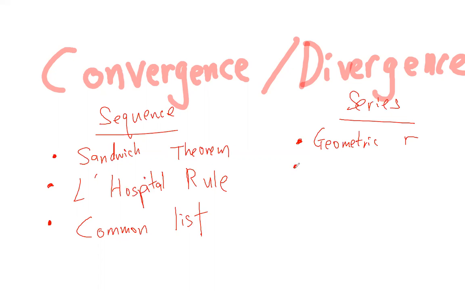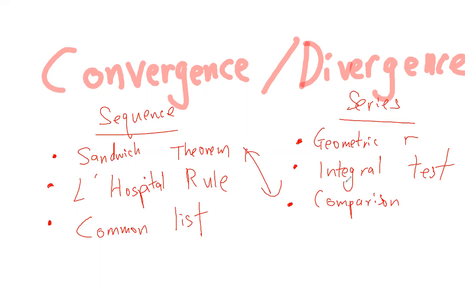And we have the integral test, which means we need to transform the series into an integral. And the comparison test, which is almost similar to the sandwich theorem. And we have the limit comparison test, and the ratio and root tests.